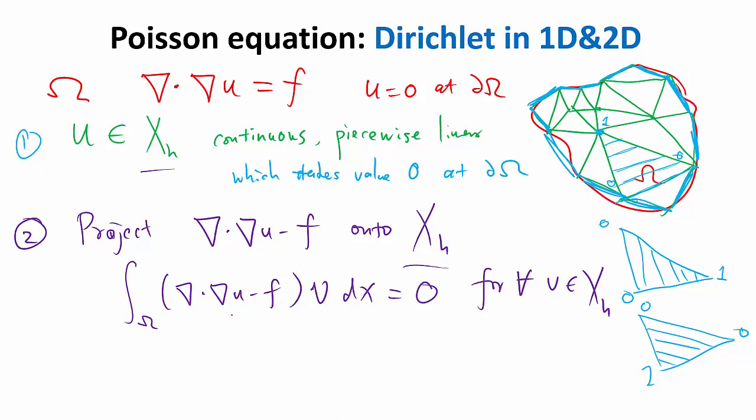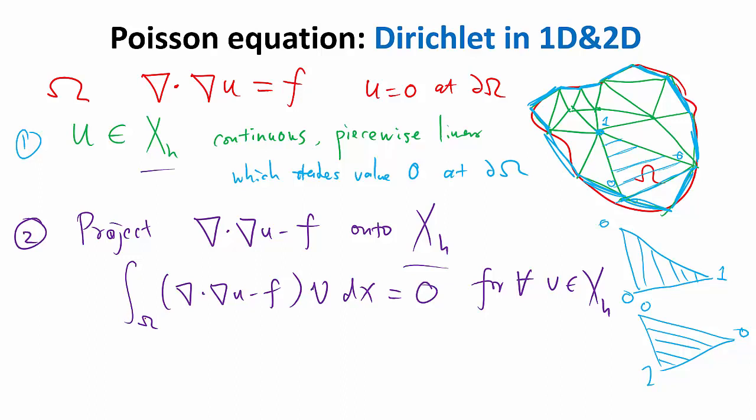The residual itself has to be orthogonal to any vector in this finite dimensional space, which is this V. This V is any vector. The inner product is this integration over the whole domain. Okay. So this has to be 0, which means they have to be orthogonal to each other.